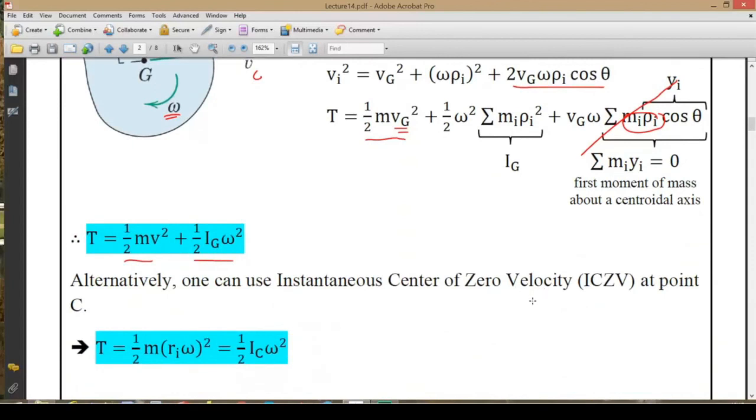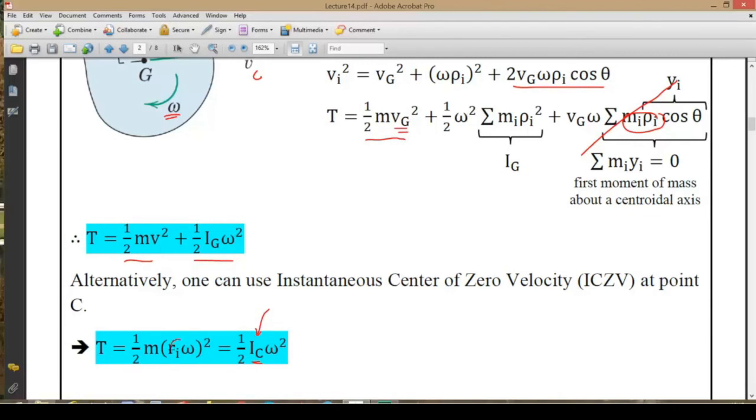At that point, instantaneously, the rigid body would seem as if it is doing a fixed axis rotation, and the axis is located at this instantaneous center of zero velocity. So if you could calculate the mass moment of inertia about that instantaneous center of zero velocity, then you can write out this kinetic energy as a single term.